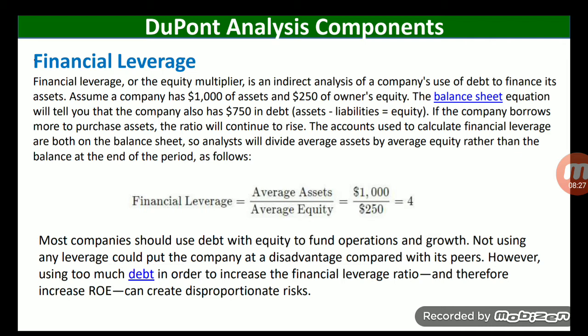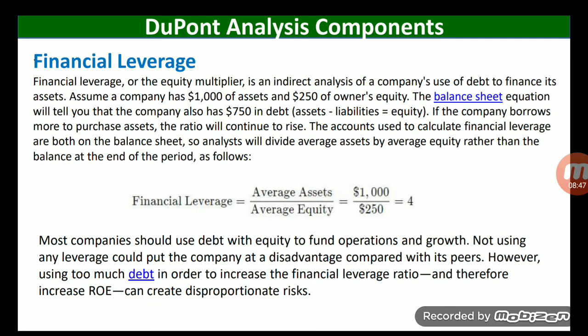The balance sheet equation will tell you that the company also has $750 of debt, that is, assets minus liabilities is equal to equity. If the company borrows more to purchase assets, the ratio will continue to rise.